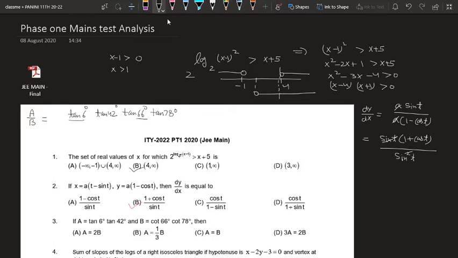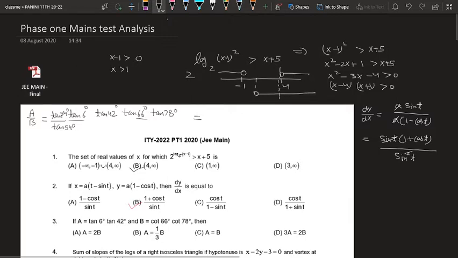If we multiply and divide by tan 54 degree, then what we'll get? There was a formula of tan 3a, tan 60 minus a, tan a, tan 60 plus a.